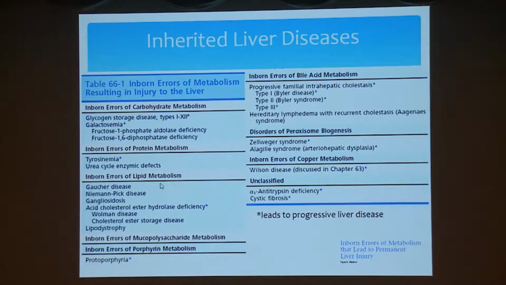The third group is the lipid disorders or storage conditions involved in lysosomal disorders, like Gaucher, Niemann-Pick, and gangliosidosis. These are more difficult to diagnose because of the low index of clinical suspicion. Patients usually present with multiple organ involvement, but they also have hepatomegaly.